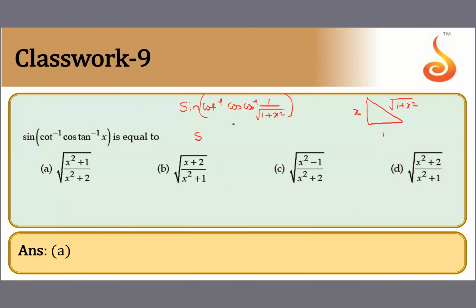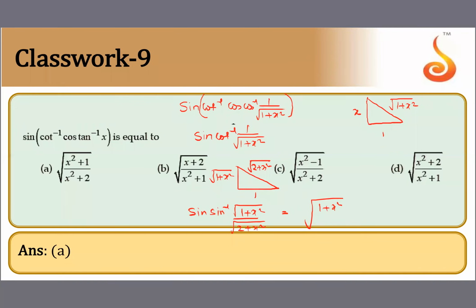Next step will be sine cot inverse 1 by under root of 1 plus x square. Again, take a triangle. Cot means base, this is 1 plus x square. This will give you root of 2 plus x square. Sine inverse under root of 1 plus x square by root 2 plus x square. We get under root of 1 plus x square by 2 plus x square. Option A.